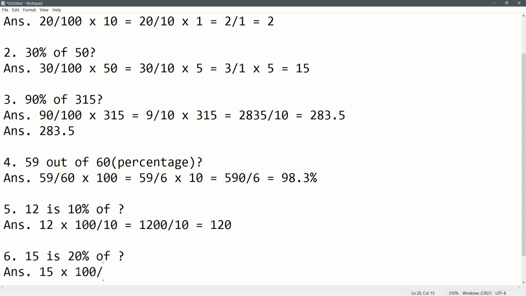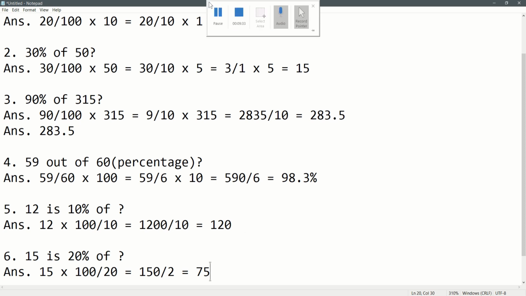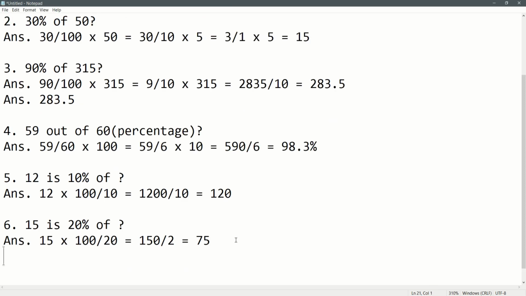Okay, and this is equal to 15 into 100, which is 1500. 1500 divided by 20. And now what's the answer? Cut the zeros firstly, and you'll get that the answer is I guess 75. 75, not a percent sign we want. So this answer is correct.